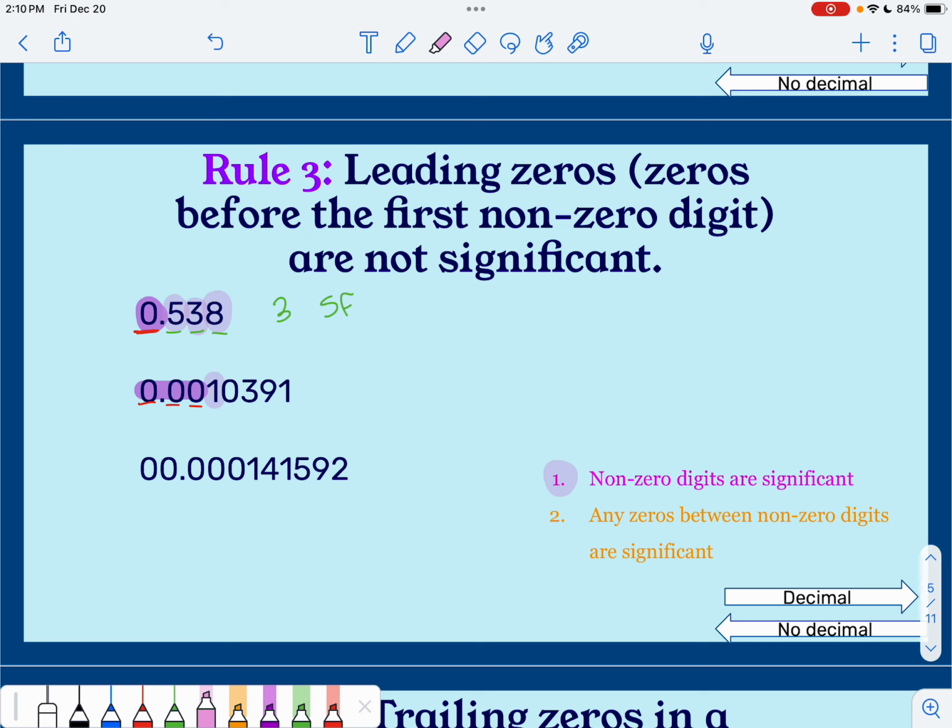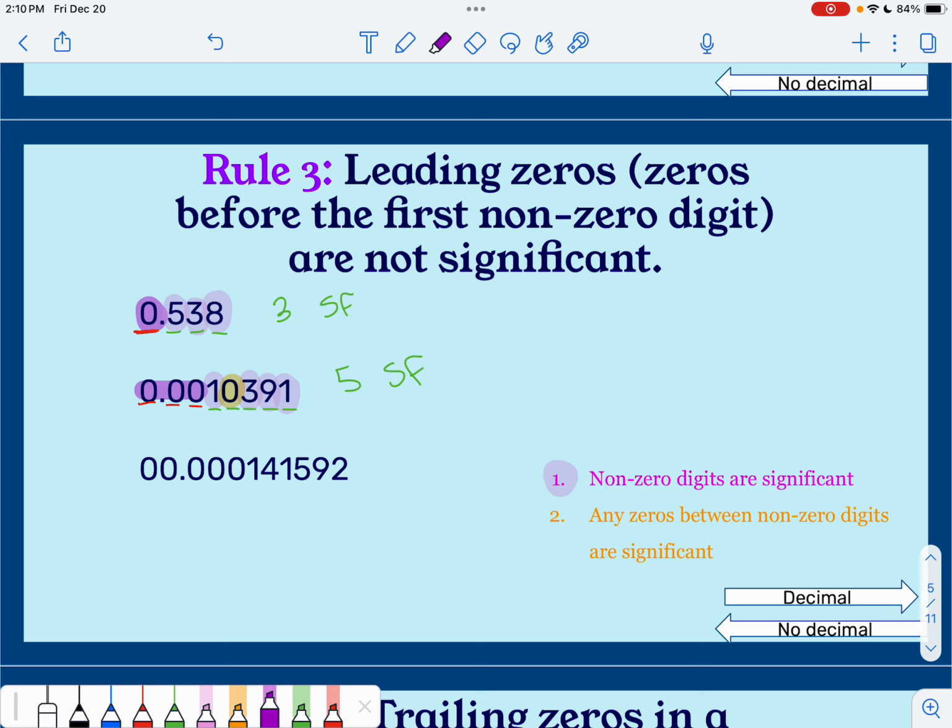We know from rule 1 that the 1, the 3, the 9, and the 1 are significant. But what about that other 0? Well, leading back to rule 2, this 0 is sandwiched between the 1 and the 3, which makes it significant. So 1, 2, 3, 4, 5. 5 sig figs.